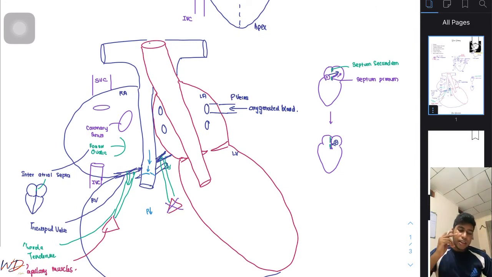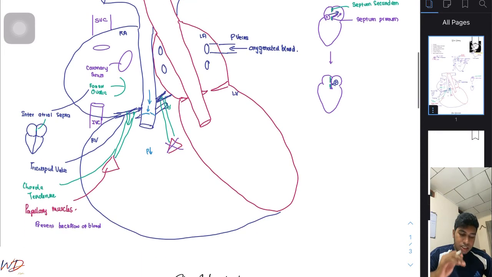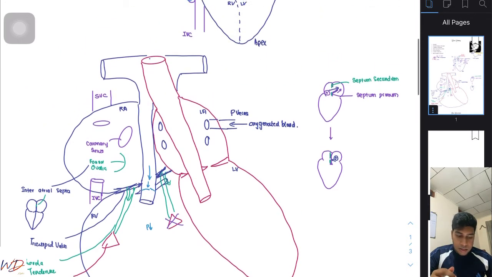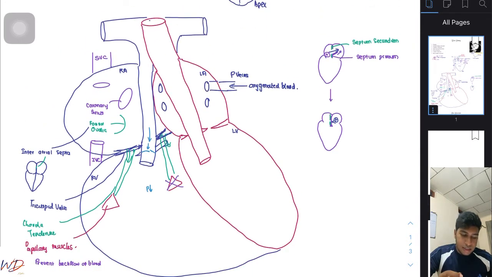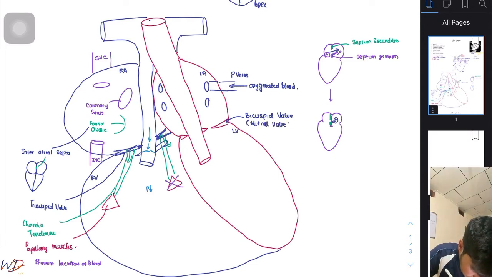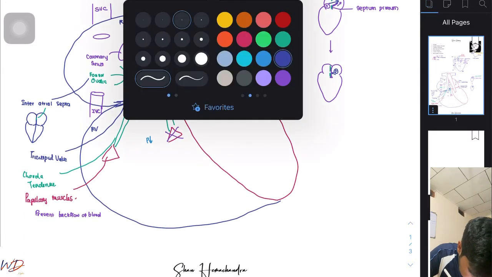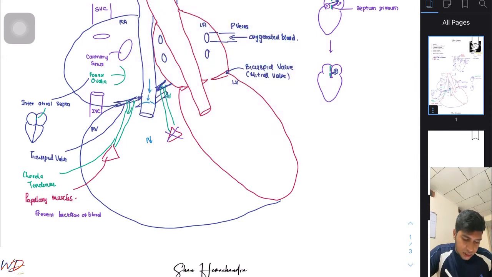There are only 2 locations in a human where we get oxygenated blood coming in the veins. One is the pulmonary veins, the other is the umbilical veins. So this brings oxygenated blood from the lungs. Now this is called the bicuspid valve, or the mitral valve.